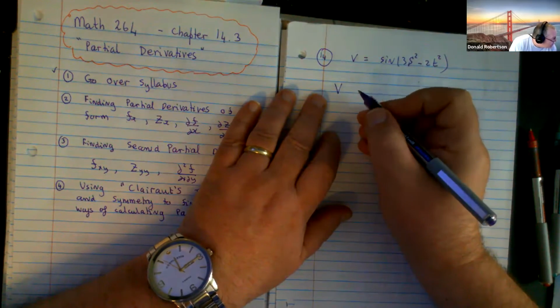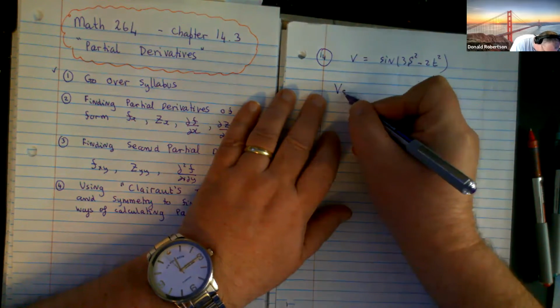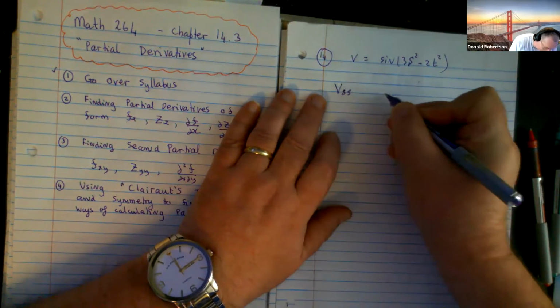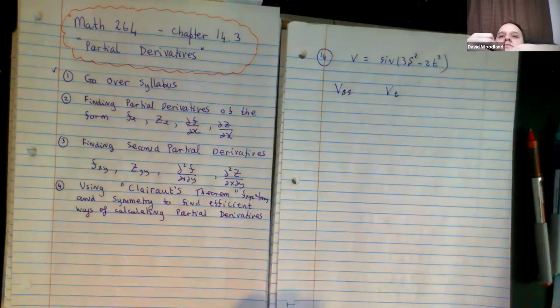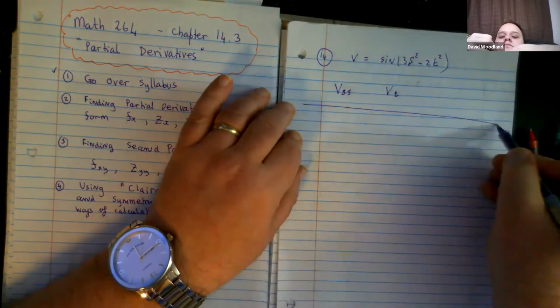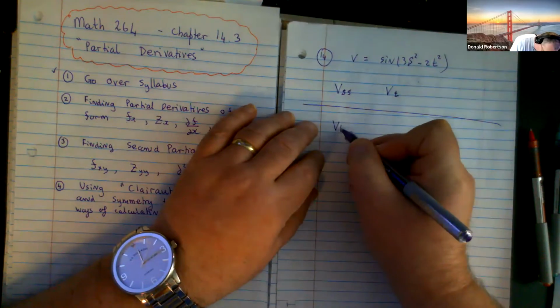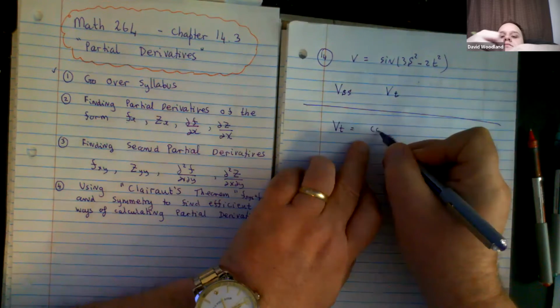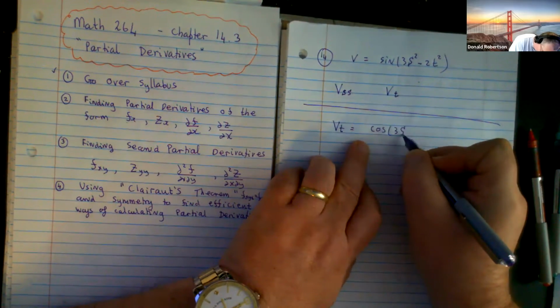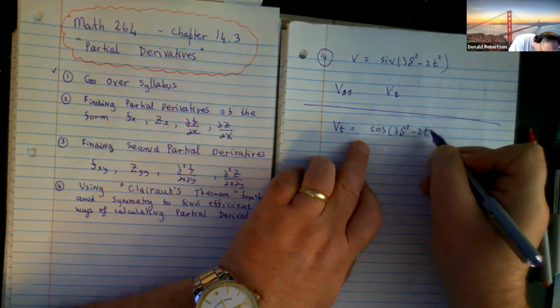Let's do VSS, that's one of the ones. And let's do VT. I'll do VT since it's a single partial derivative. The sine of this ugly guy is the cosine of the ugly guy. It's essentially a chain rule.